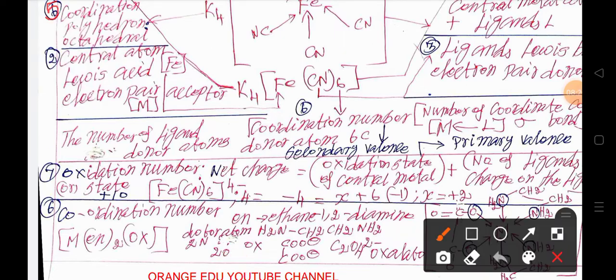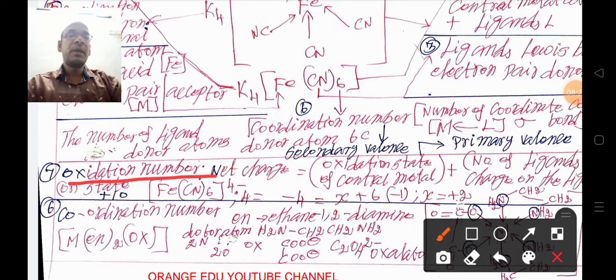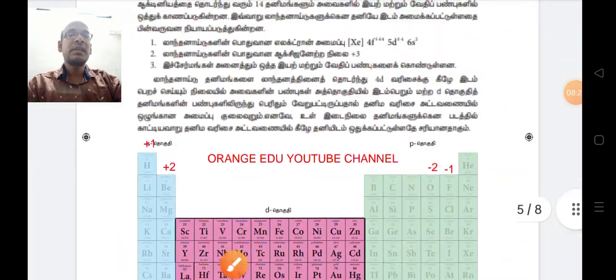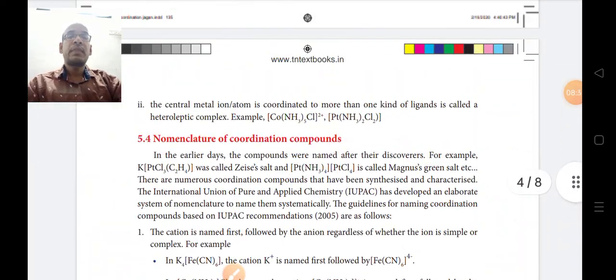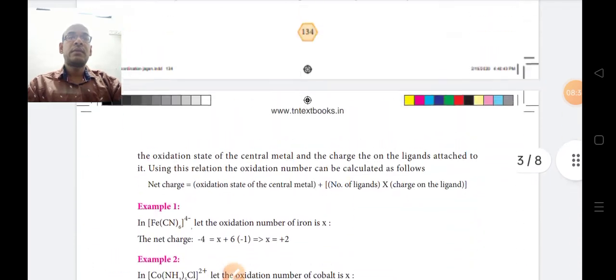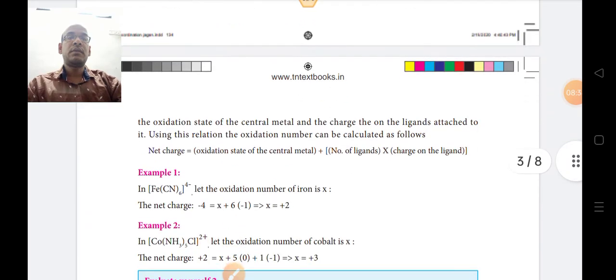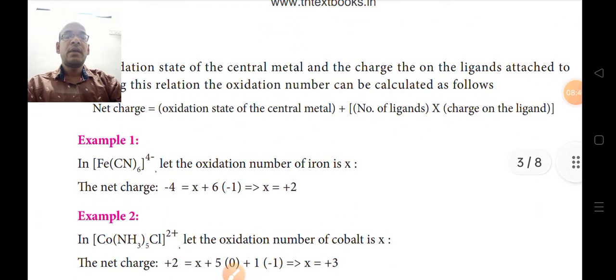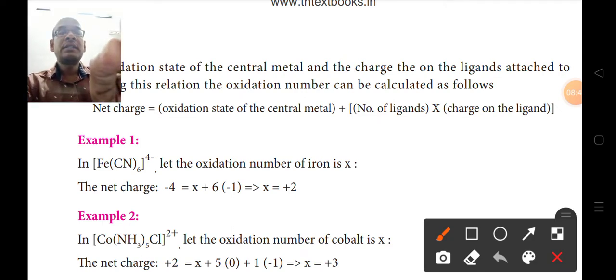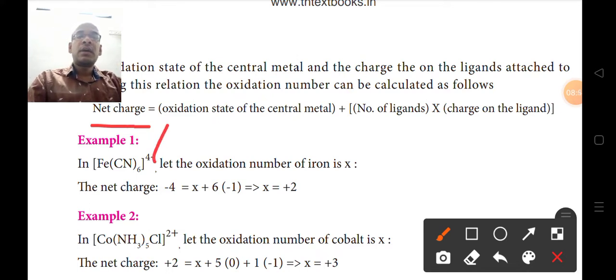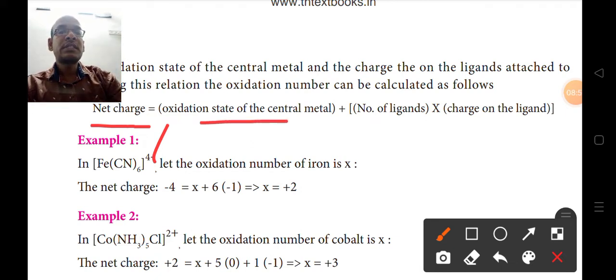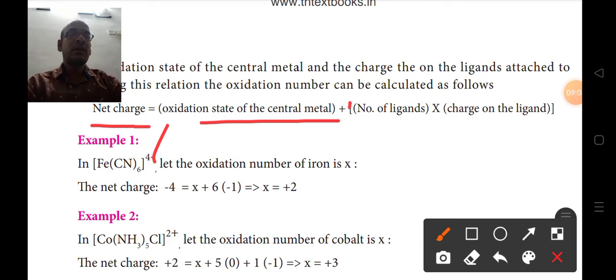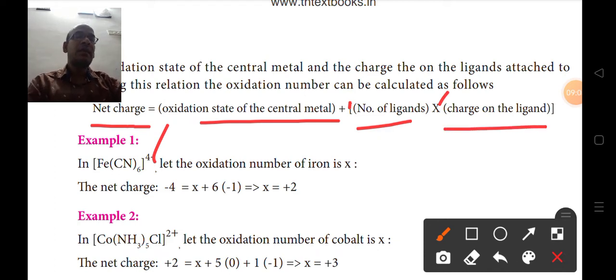Seventh term, oxidation number. The definition for the oxidation number is given in the book: net charge on the coordination complex equals the oxidation state of the central metal ion plus the number of ligands multiplied by the charge on the ligands.